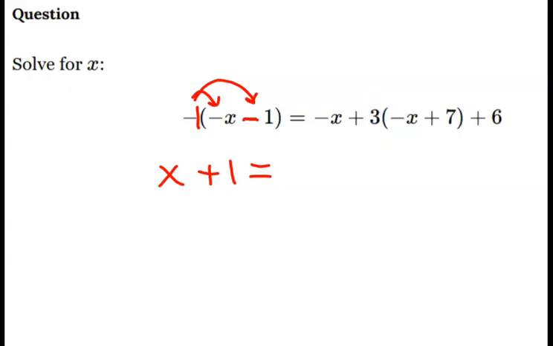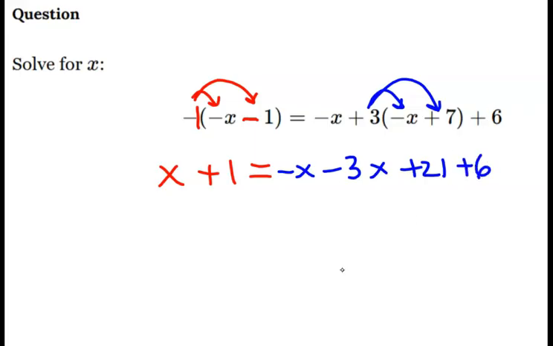So we're going to rewrite this minus -x, right? This -x here, we're going to bring it down, and then we're going to distribute this positive 3 times each of the terms inside the group. So 3 times -x is -3x, and 3 times positive 7 is positive 21, and the plus 6 gets rewritten.